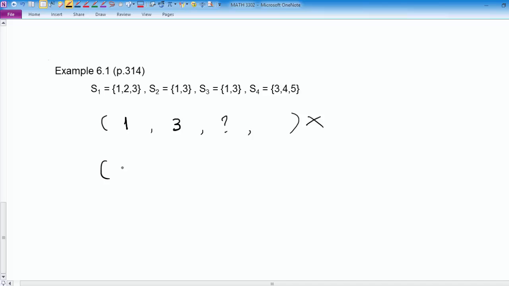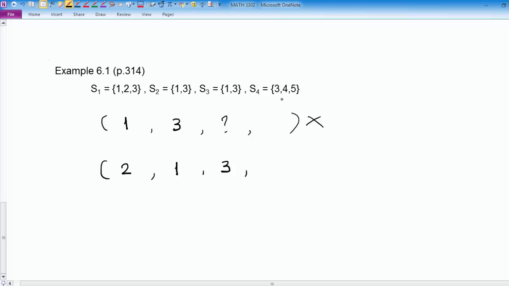Let's try putting element number 2 here. If we put 2 here, then the second entry could have 1 or 3. So if we put 1 here, then the third entry has to have element number 3 because element number 1 has been used before.